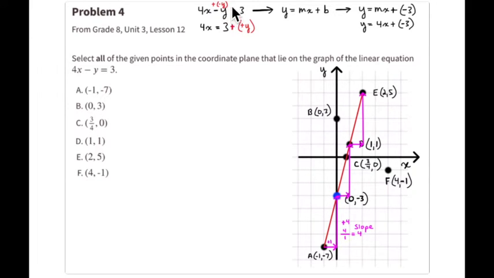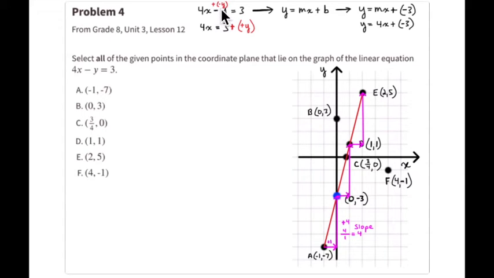Now I want to get rid of that, and I want to actually get the y over on this side as a positive y. So I'm going to add a positive y to this negative y. That becomes 0. What I'm doing is using the additive inverse.